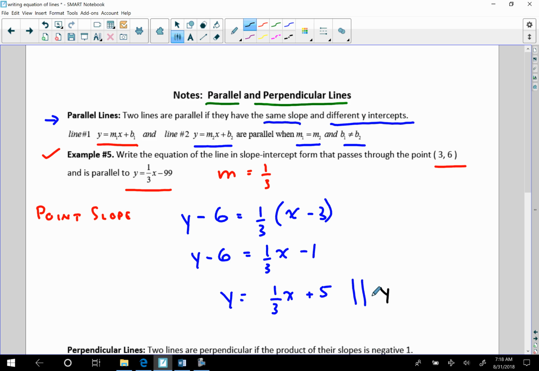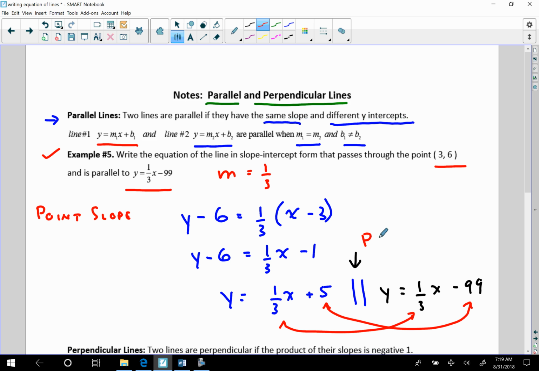This is the notation for parallel. That means parallel. And I see that they do indeed have the same slope and different y-intercepts. These lines are parallel. This is our notation for parallel.